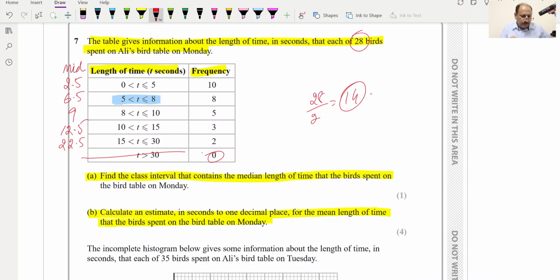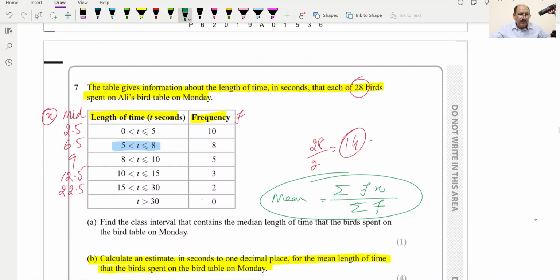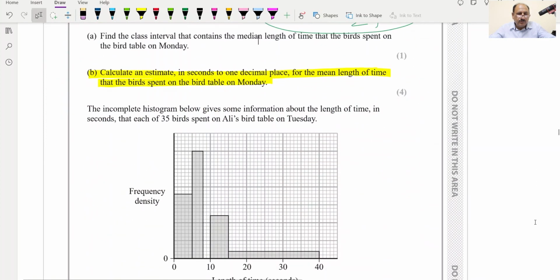And this one is 0, so we are not considering this. Now we will be multiplying by the mid value. This is basically our f, and this is x. So fx. The formula is what? Sigma fx over sigma f. So this is equal to the mean. This is the formula which we will be applying, and our values will be what?